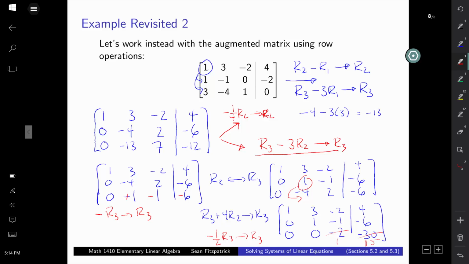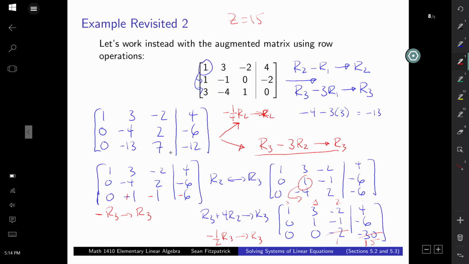If we convert back to a system, remember this is the x column, this is the y column, this is the z column, these are my constants. It says 0x plus 0y plus 1z equals 15. Right? So that bottom row says z equals 15.